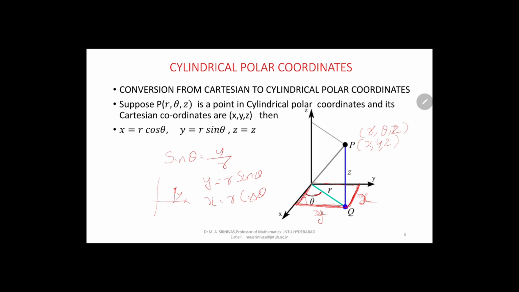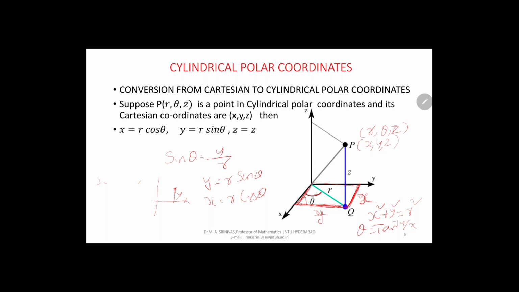So the conversion from one system to another: x square plus y square is r square, and theta is tan inverse y by x, and z is equal to z.